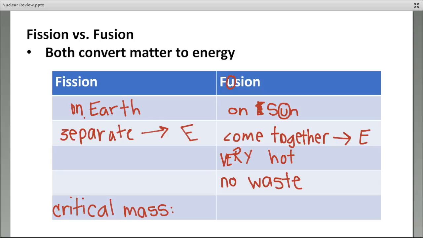Well, if you hit critical mass, then you're going to have an uncontrolled chain reaction, and then you can't stop it. And that's what they try and avoid.